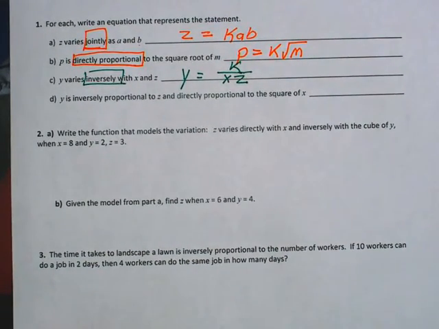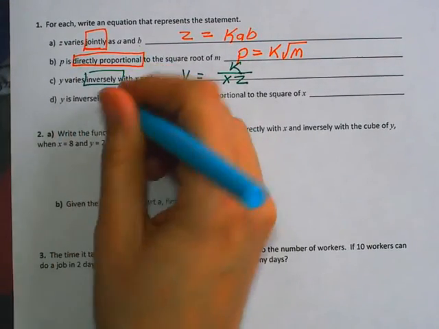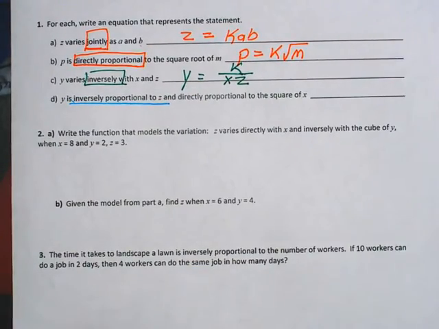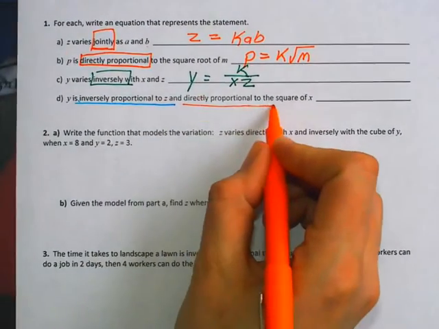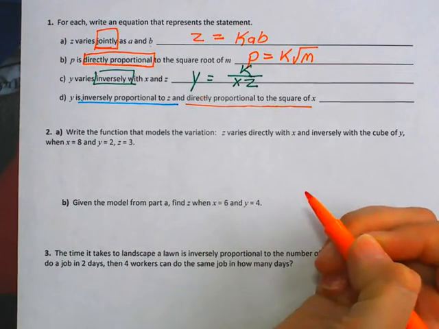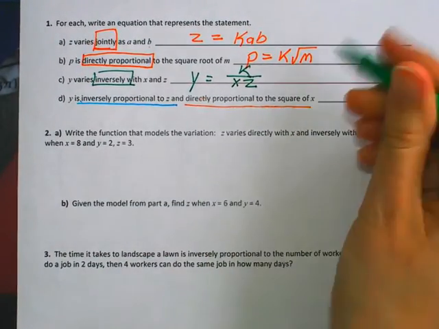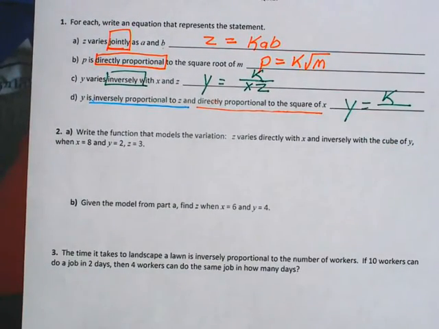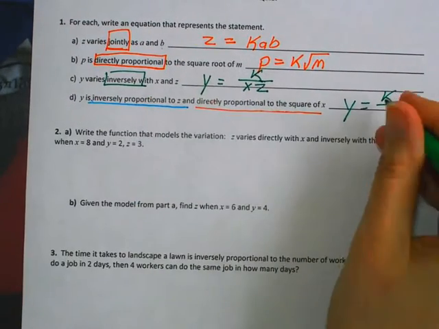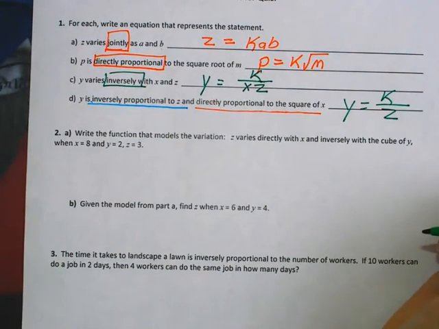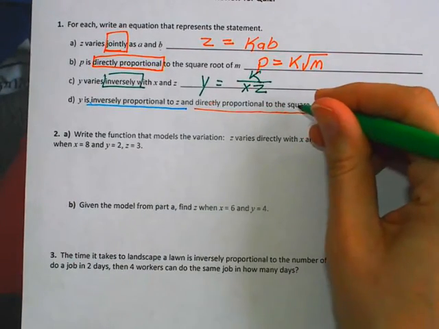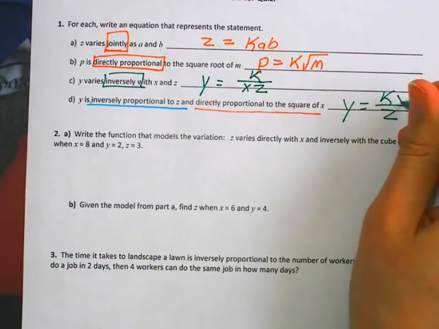All right, next we have Y is inversely proportional with Z and directly proportional to the square of X. So we have Y equals, we know we have to put our constant in there, so we have K. So inversely proportional to Z, so that's going to go in our denominator, and directly proportional with the square of X. So that's the same thing as saying X squared.